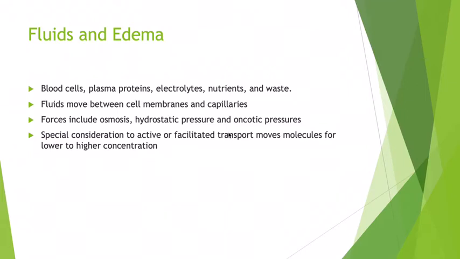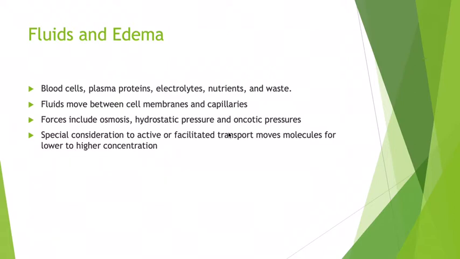Fluids usually move between the cell membranes and capillaries. Through these very thin wall membranes, fluids move across them because they move to equalize the concentration, so they would just passively move. These forces include osmosis.